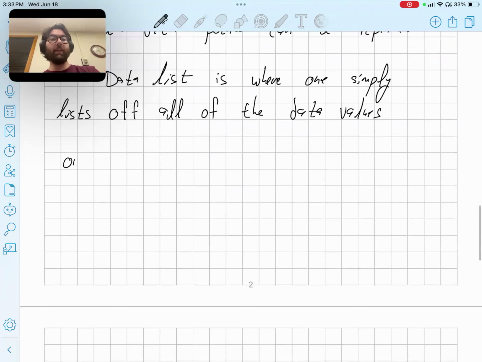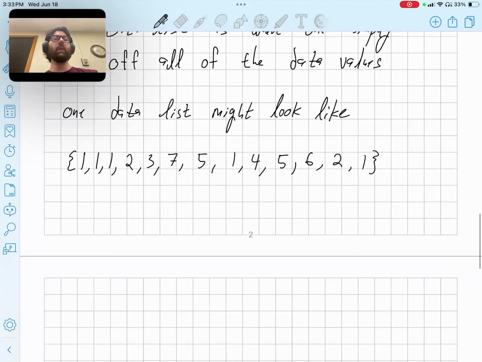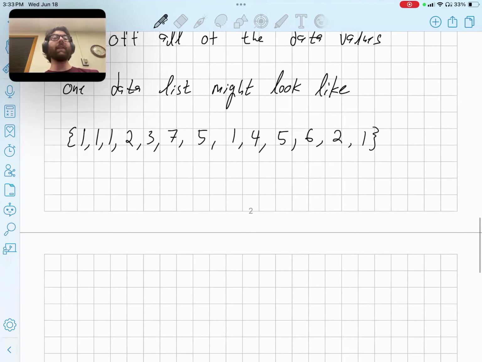So one data list might look like 1, 1, 1, 2, 3, 7, 5, 1, 4, 5, 6, 2, 1. Okay, so this is an example of a data list.